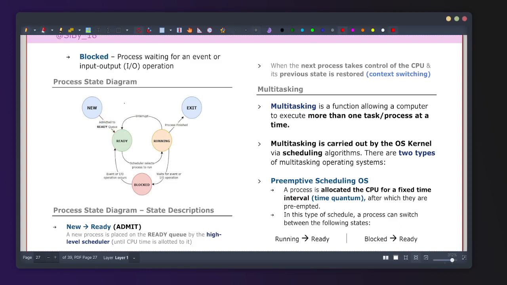Then what will happen is the processor would pick a process from the queue, right? And what happens when that happens is the process goes from the ready state to the running state.